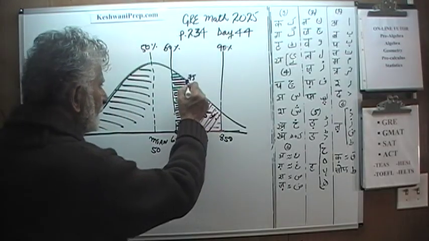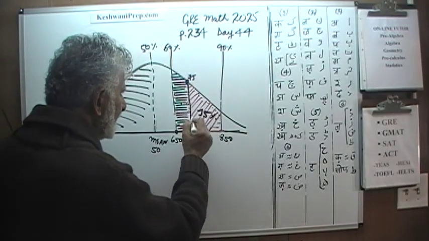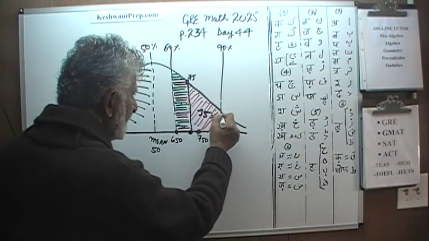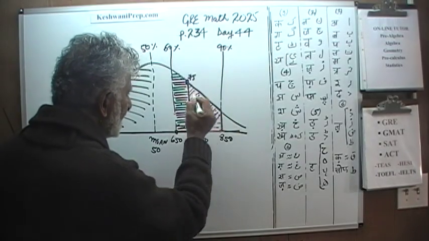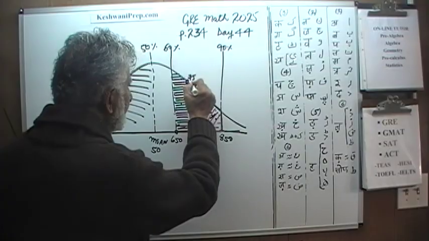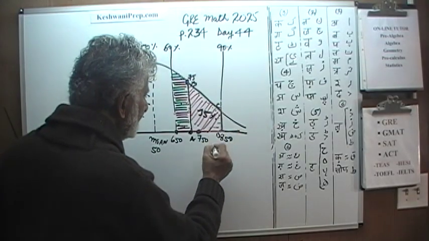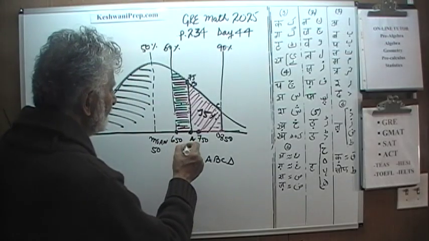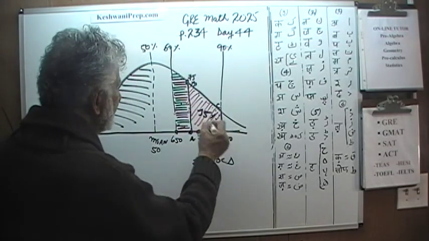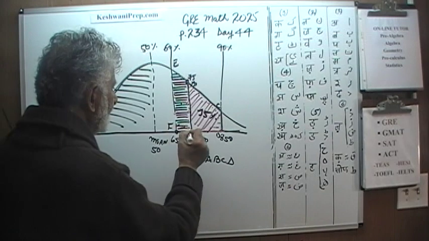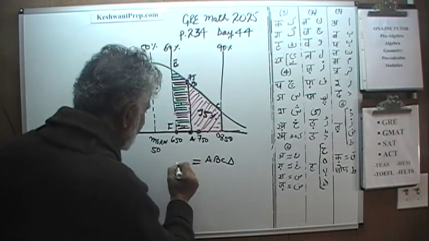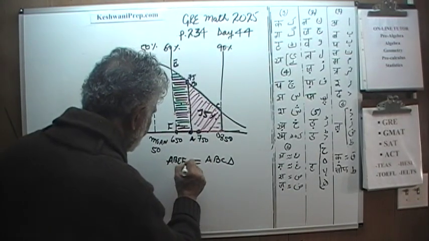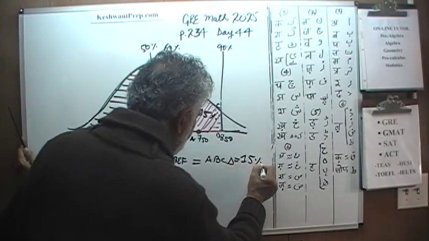In other words, I'm just going to make it a straight line so that we can talk about it. Let's call it A, B, C, and D. What we're claiming is that the area of A, B, C, D is the same as the area of A, B, E, F. And they are both 15%.